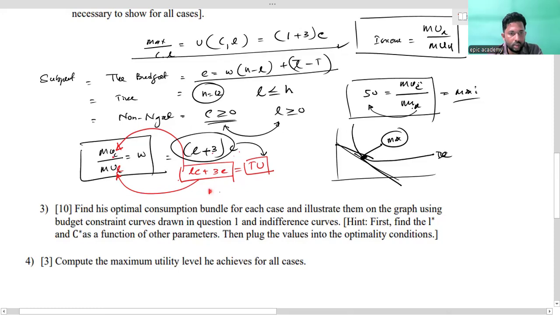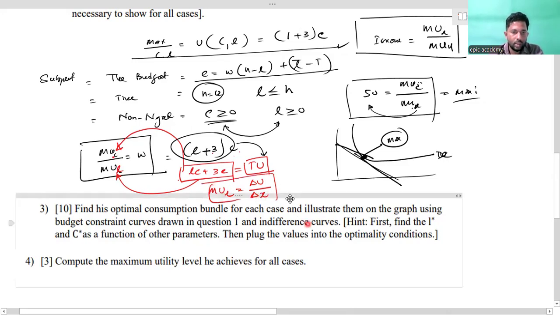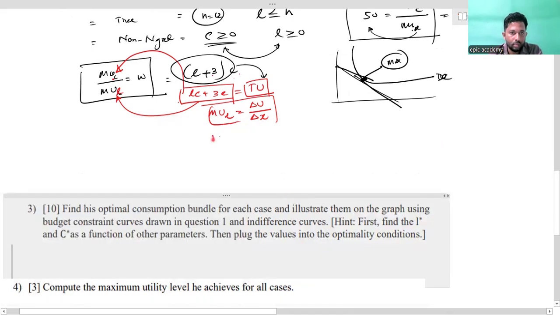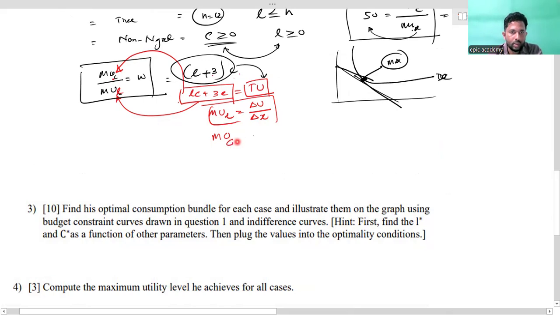The marginal utility of L means the total utility differentiated with respect to L. The next one, marginal utility of consumption, is similar: the total utility function differentiated with respect to C. Take the total utility function LC plus 3C.